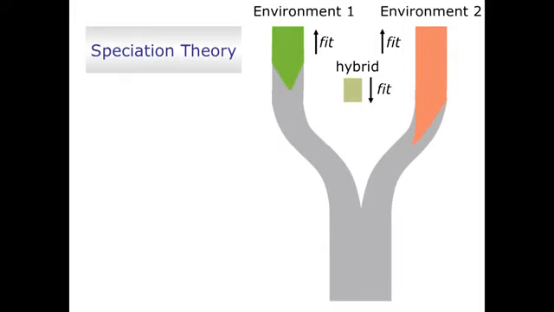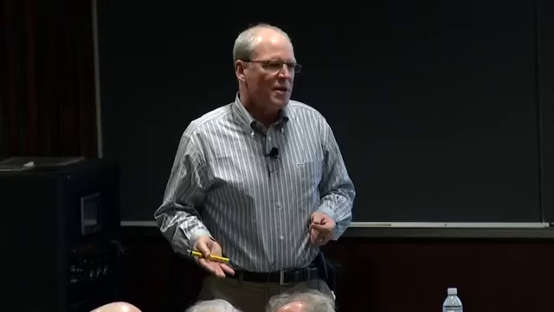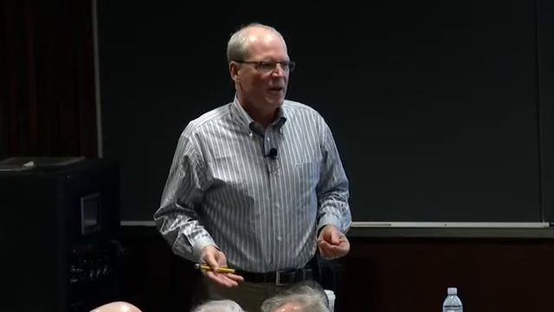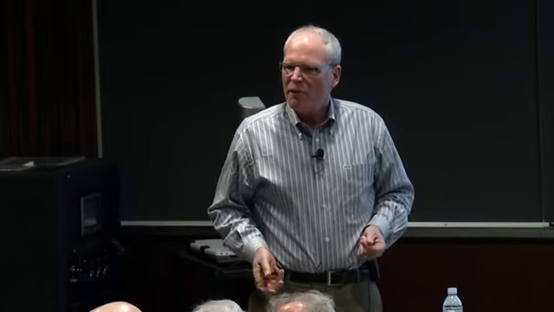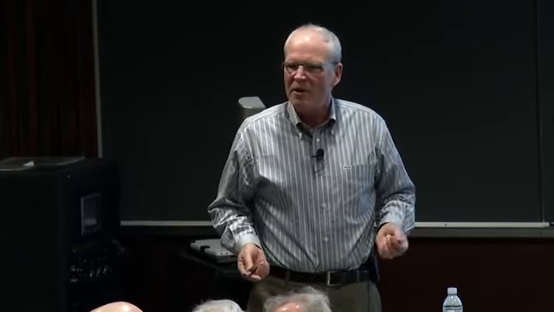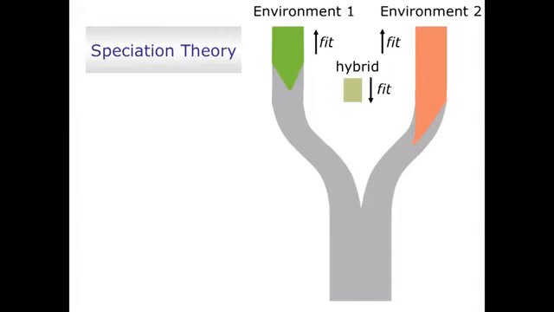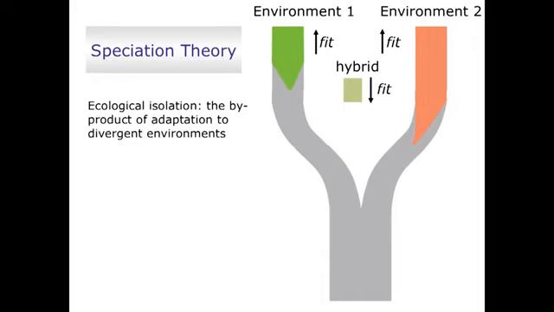And there are two components to that fitness decrease that we can quantify in yeast that are not so easy to quantify in any other kind of experimental system. So the first reason for the decrease in fitness is ecological isolation. And that's simply because the hybrids are an intermediate genotype that are no longer optimally tuned to the respective environments, and so fitness goes down.